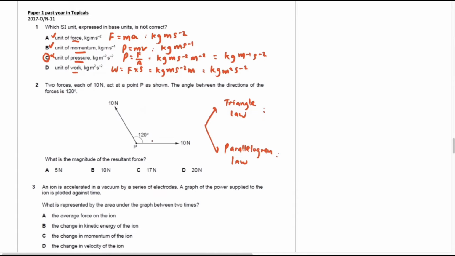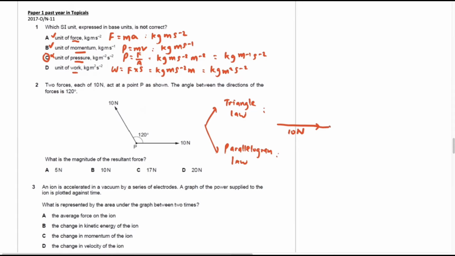Okay, so the triangle law is going to be something like this. Triangle law is where you draw one of the vectors, 10 Newton. From the head of the arrow, you join up with the tail of another vector. You connect.